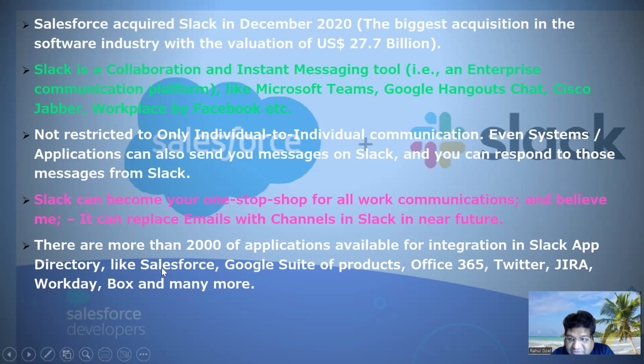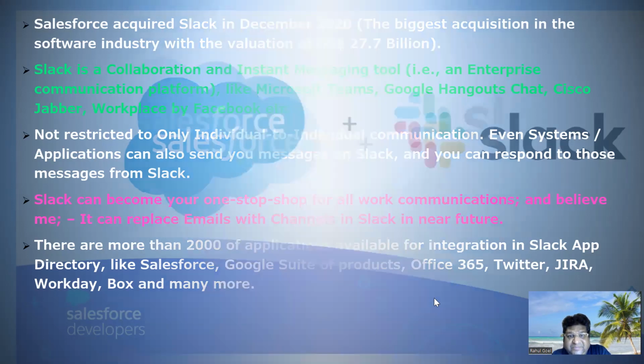For example, Salesforce is one of the applications, which we will talk about in just a few minutes. Similarly, there are the Google suite of products, Office 365, Twitter, Jira, Atlassian, Workday, Box, and many more. So you can see, friends, there are so many applications available in Slack. Let me proceed ahead.